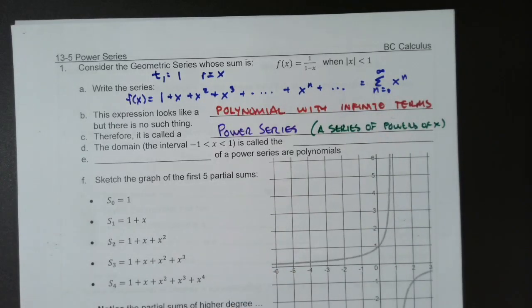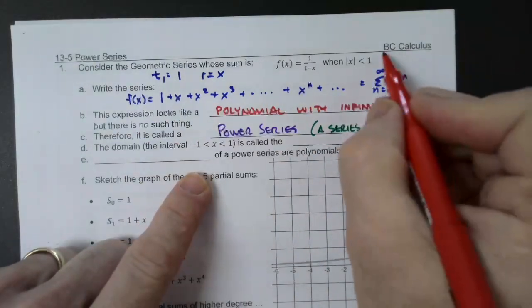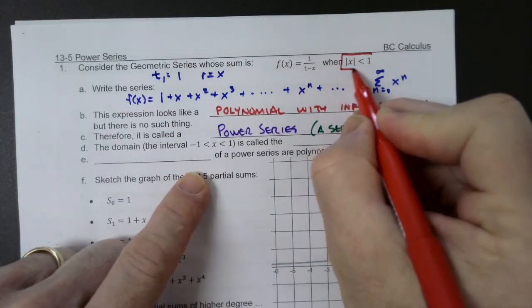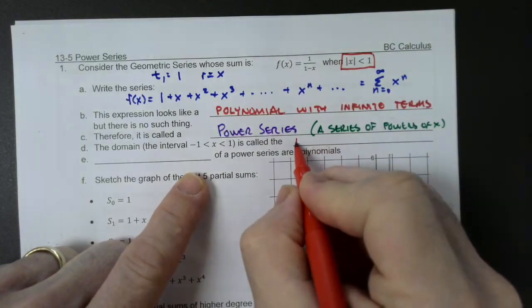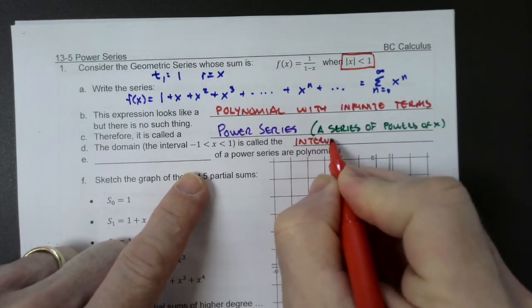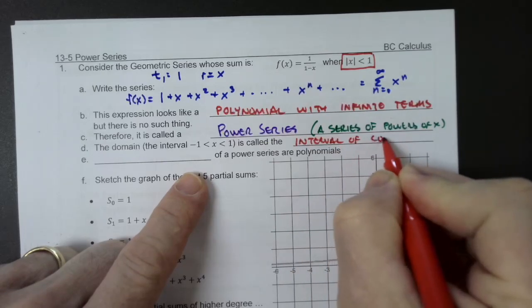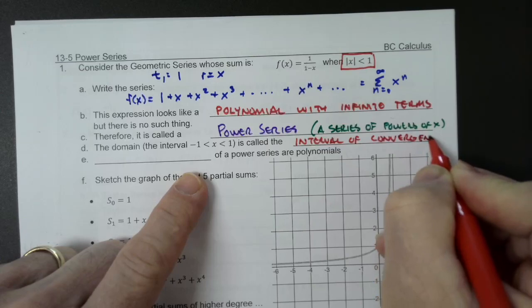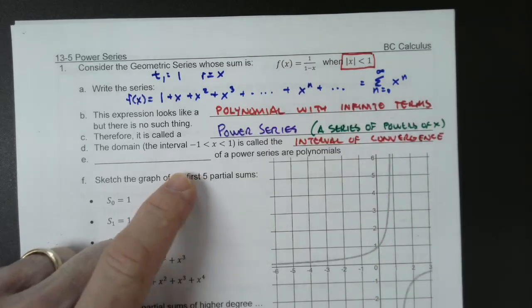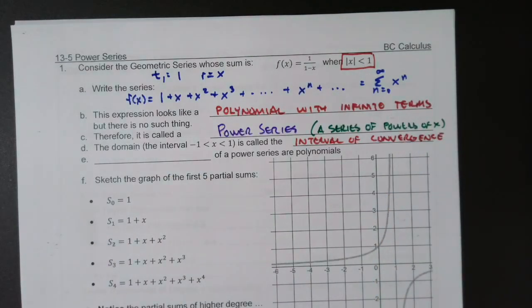And then remember that this interval that we have convergence is called the interval of convergence. We know that only when we choose x values between -1 and 1 will that series converge.